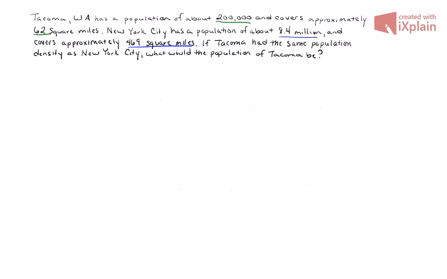The main thing I want you to note here is we're talking about population density and not just straight up population. So we want to make sure we understand the idea of population density, which we had discussed, was the following formula.